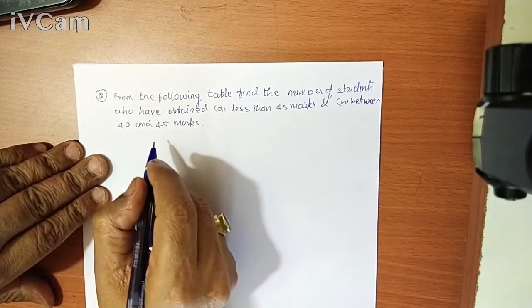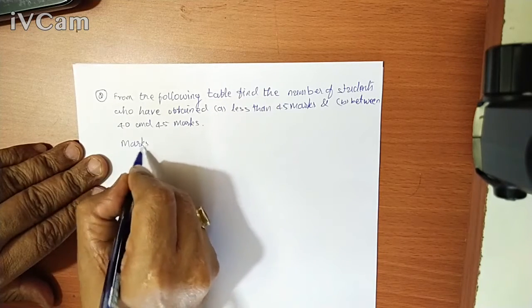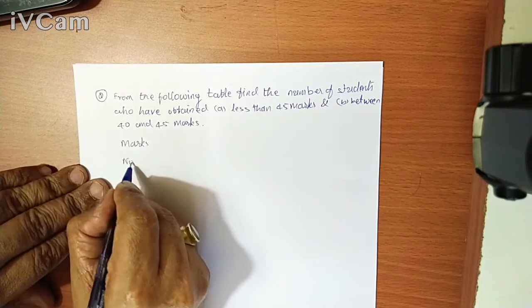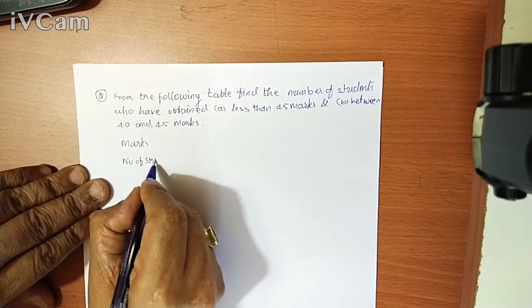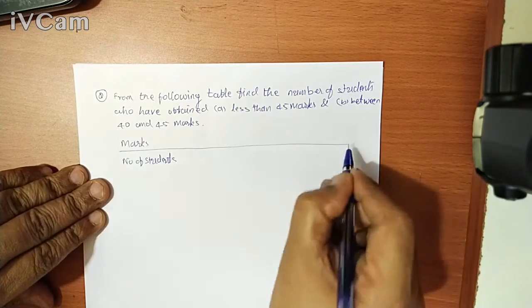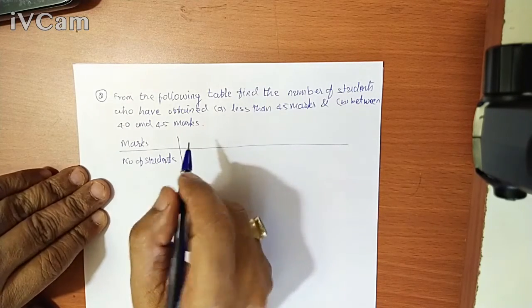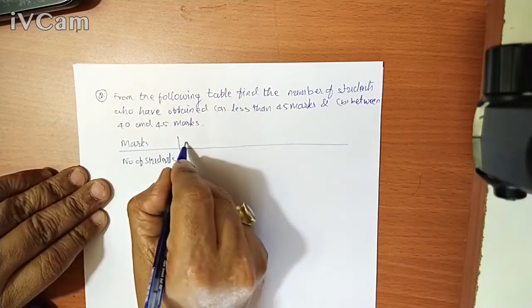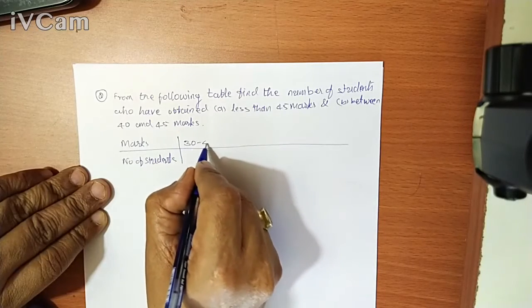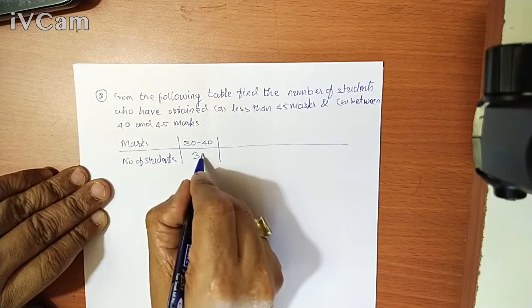The table is given like this: marks, then number of students. So here, instead of giving the marks, he gives the range. 30 to 40, it is 31.